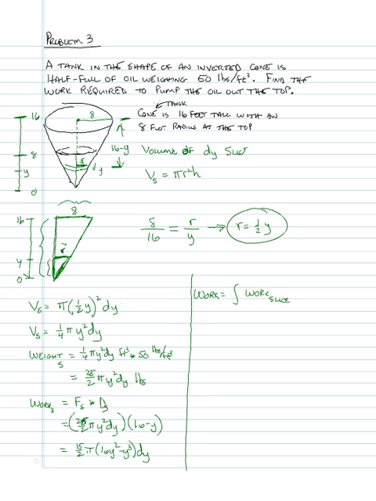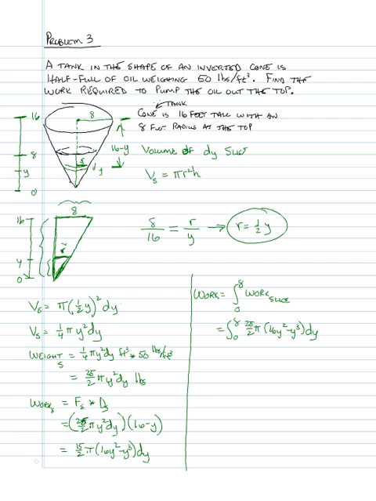But those work slices, we're starting the slices from a y value of 0 to a y value of 8. And so we set up this integral, the integral from 0 to 8, and our work slice is the 25 over 2 times pi times 16y squared minus y cubed dy.